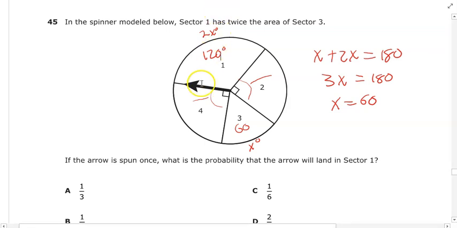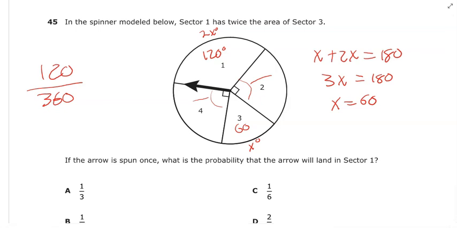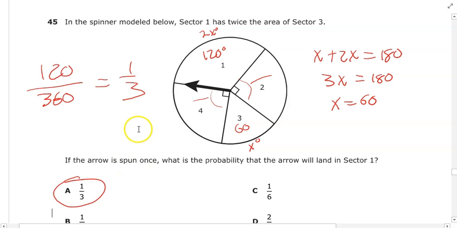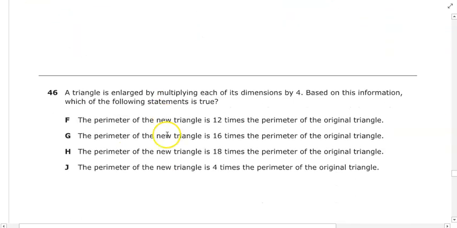If the arrow is spun once, what is the probability the arrow will land in sector 1? Well, that's 120 out of the 360 degrees. So geometric probability says that we can use the degree measurements, we can use the area measurements to figure out the probability of something happening. So this simplifies to 1/3. So it should be 1/3 chance.